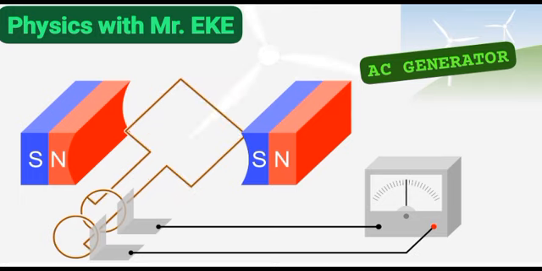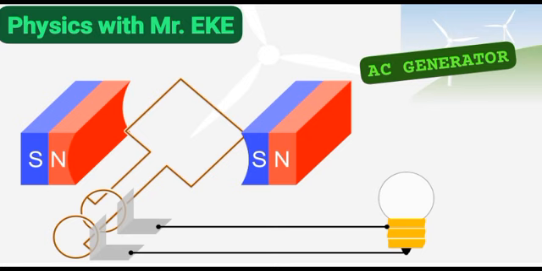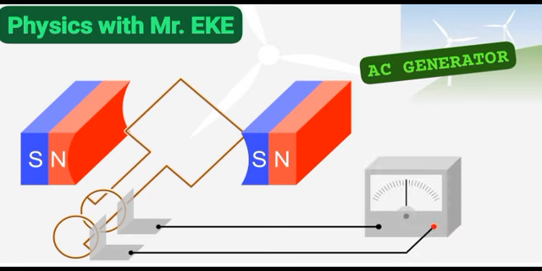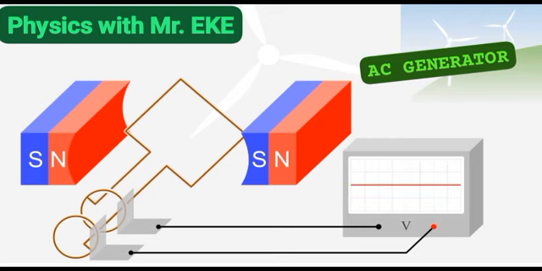And you can see I also have the bulb. I have the galvanometer, and an oscilloscope to show us the graph of alternating current against time.